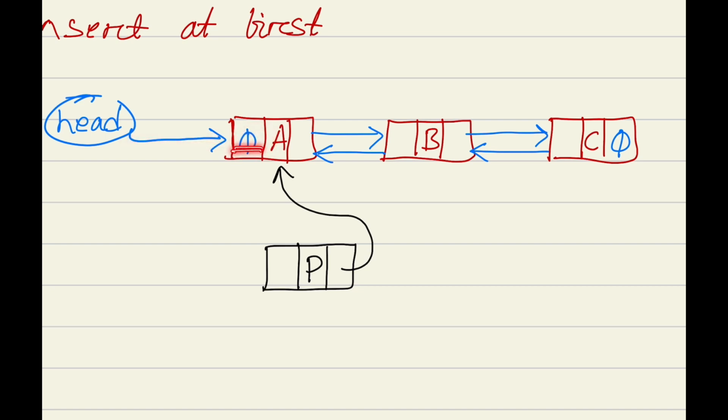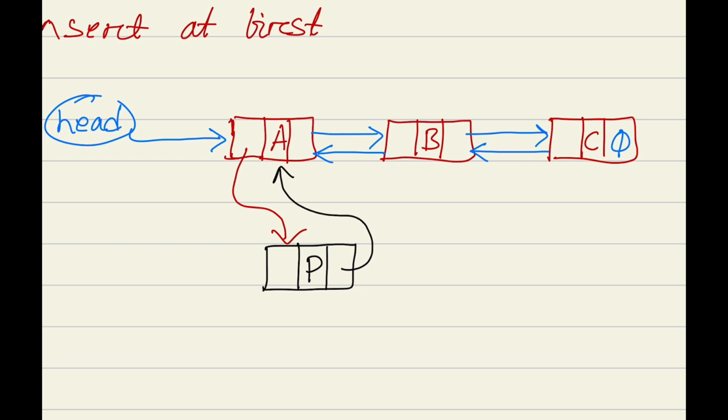So update this previous of A, that means update the previous of the node that is referred by head, so that this previous is going to refer to P, or to the newly created node. So we can remove this one from here, and this previous is going to refer to this one, to node P.